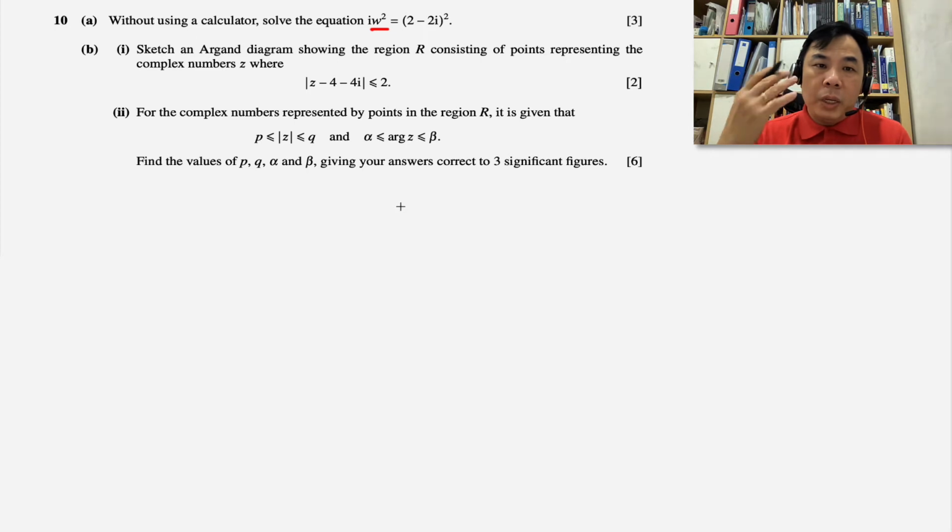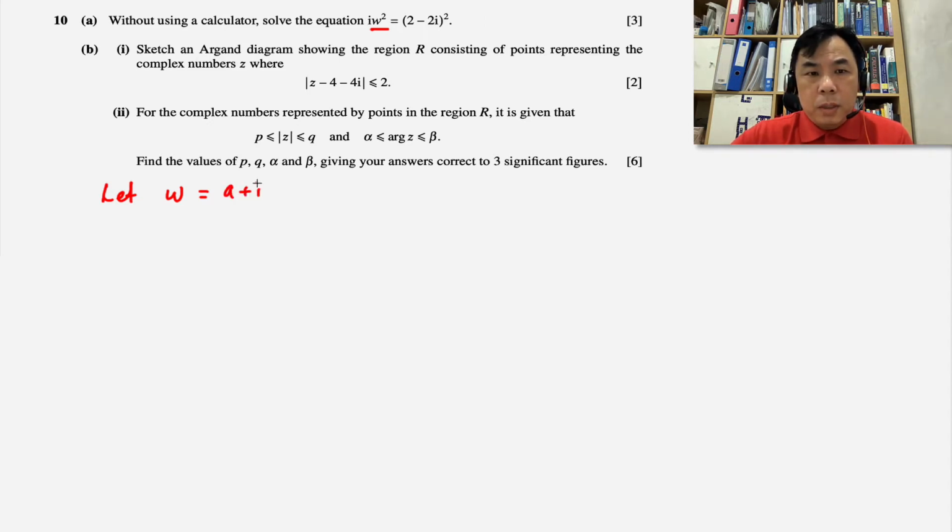So I'd like to recap again how to solve this through two methods. Now, method number one: we are going to let w be the general rectangular form of a complex number, a plus ib, where a and b are all real numbers.